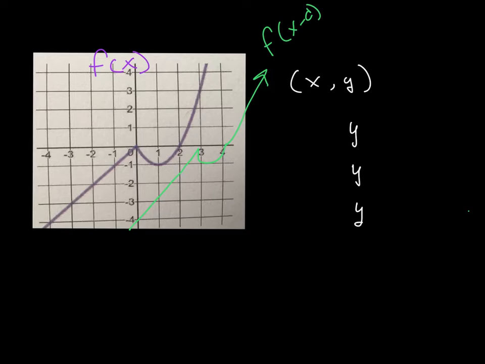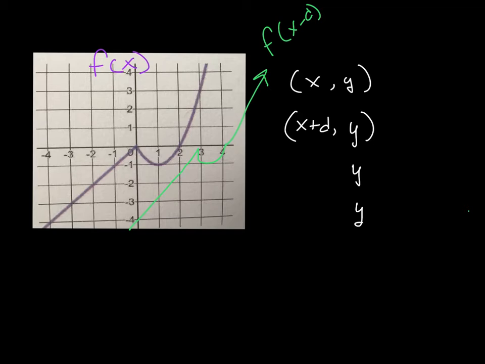So for the same y value, x changes, and x changes by that same amount that we've done this translation. So in this case, it would be x plus whatever that d is, and that y value would stay the same.